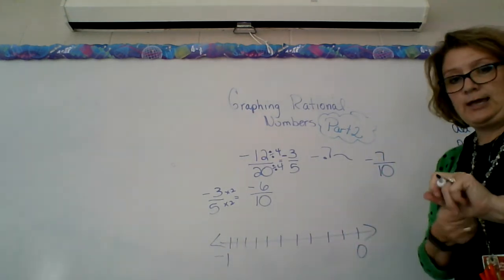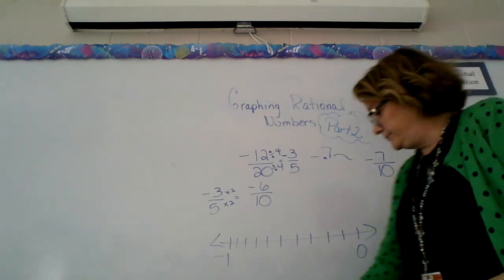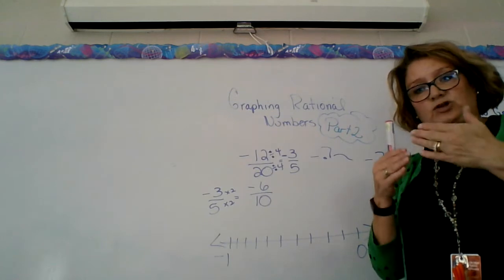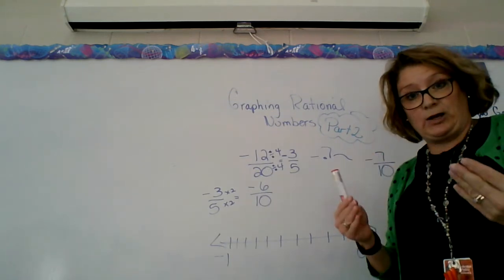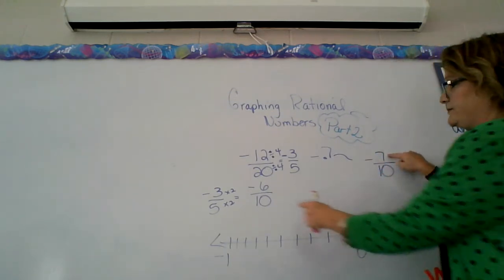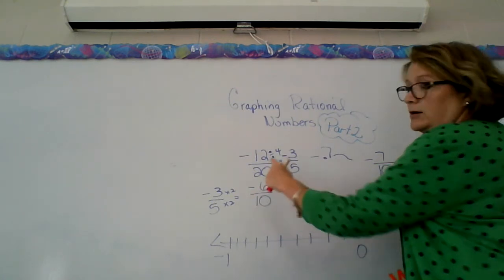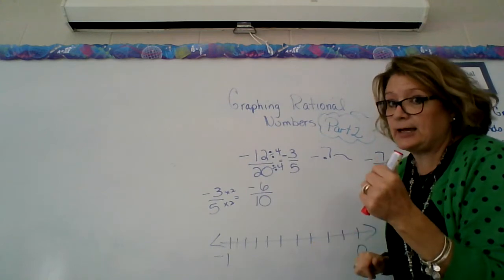And now I have to be mindful of the fact that the number that's closest to 0 is actually bigger. So which one of these numbers is closer to 0, -6 or -7? You say -6, and I agree.